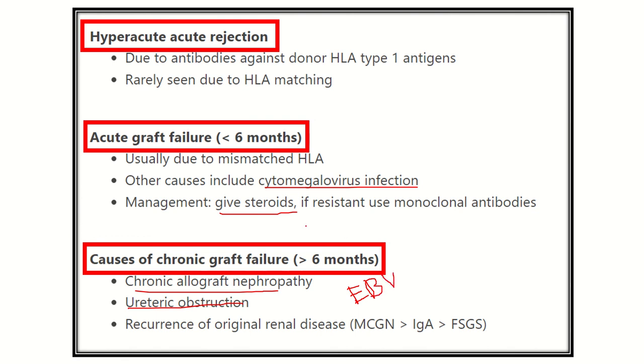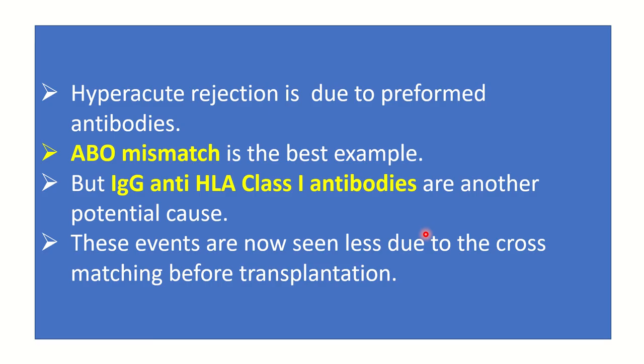So in acute rejection, the important infection is cytomegalovirus, and in chronic rejection the important infection is Epstein-Barr virus. Recurrence of the original disease is also a cause of chronic graft failure, most commonly in mesangiocapillary glomerulonephritis, IgA nephropathy and focal segmental glomerulosclerosis.